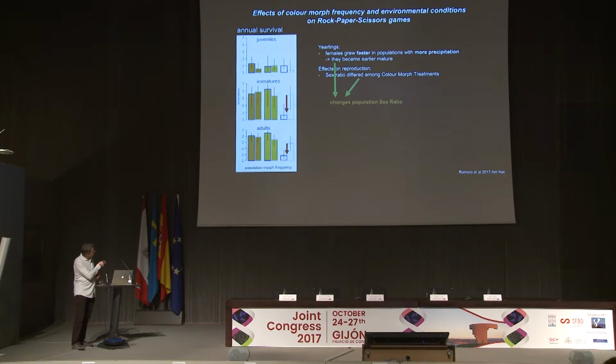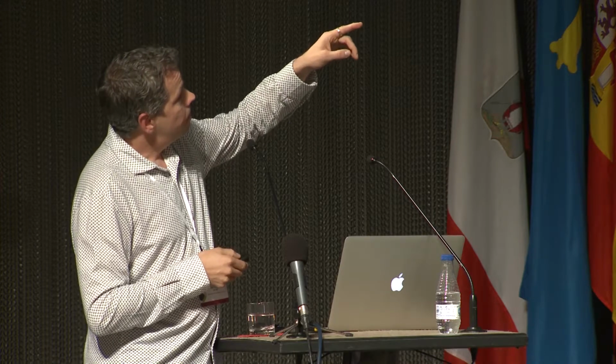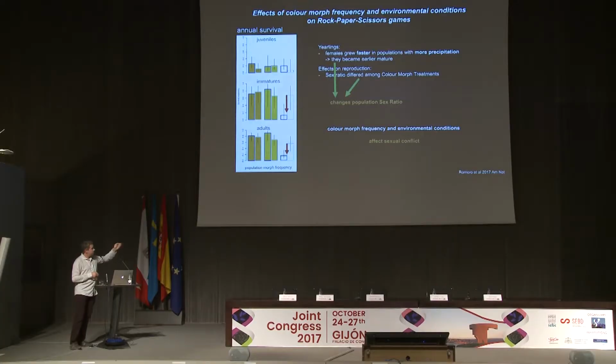And that means both of these results change the population sex ratio. So this means that color morph frequency and environmental conditions both affect sexual conflict. Or in other words, that natural selection feeds back into sexual selection.